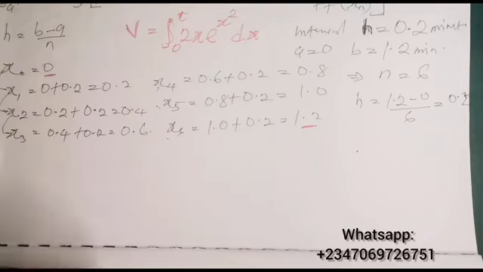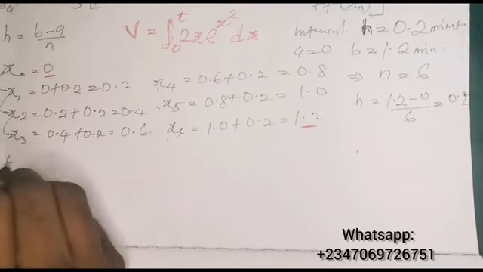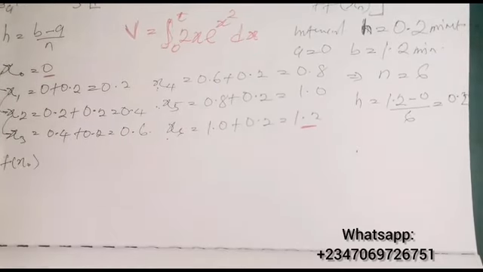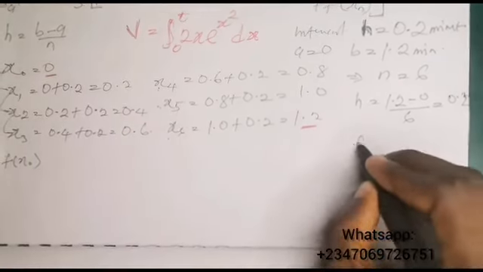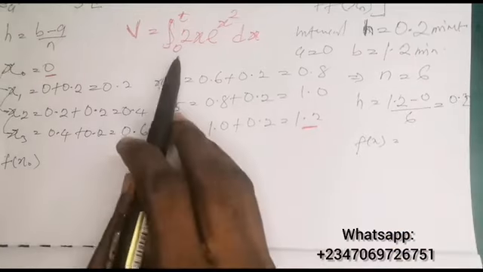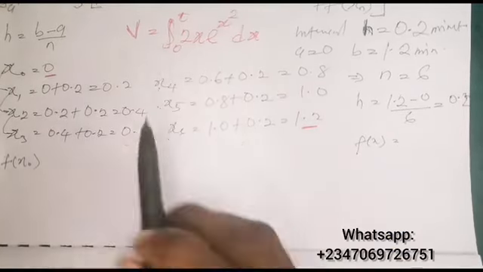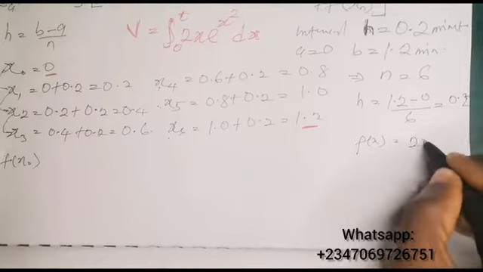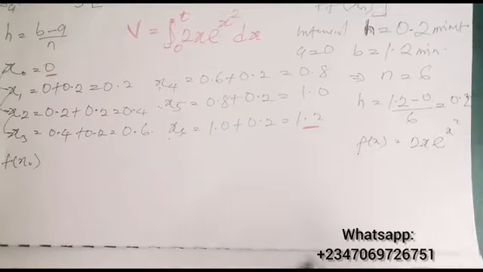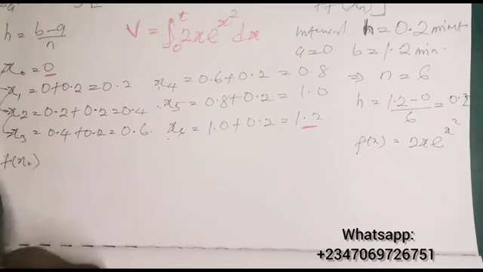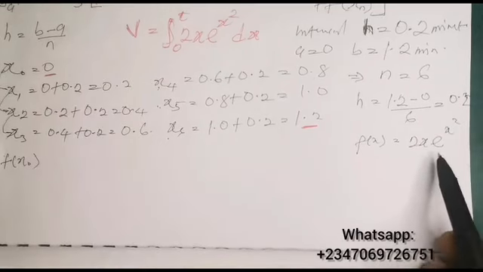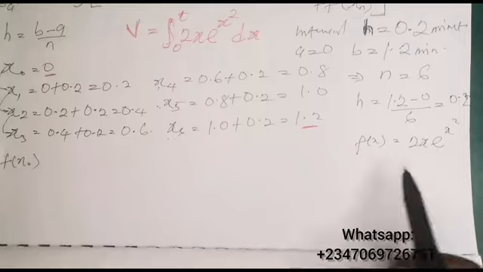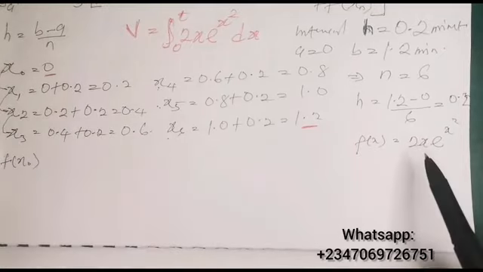So first we find f of x naught, not forgetting the function f of x is given in the question here as 2x exponential x squared. So our f of x is simply 2x e to the power x squared. So f of x naught simply means in place of x, plug in the value of x naught in the equation.